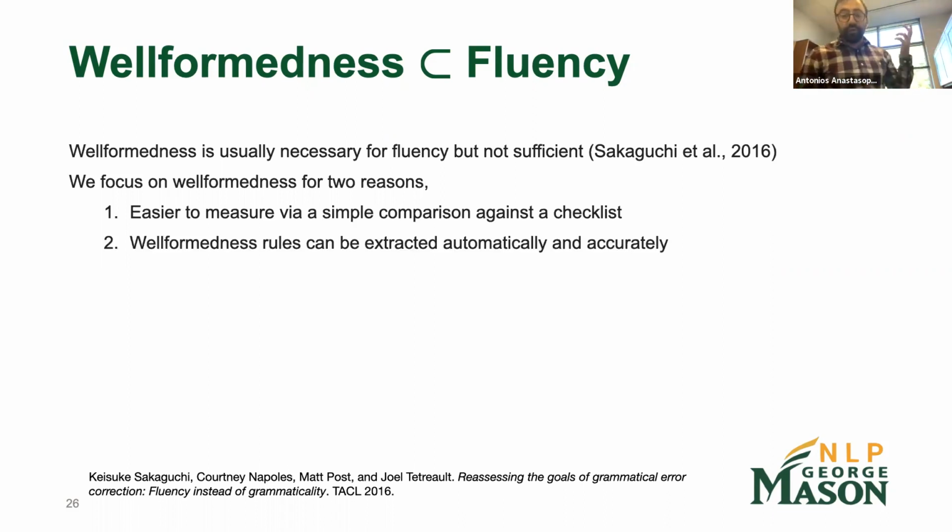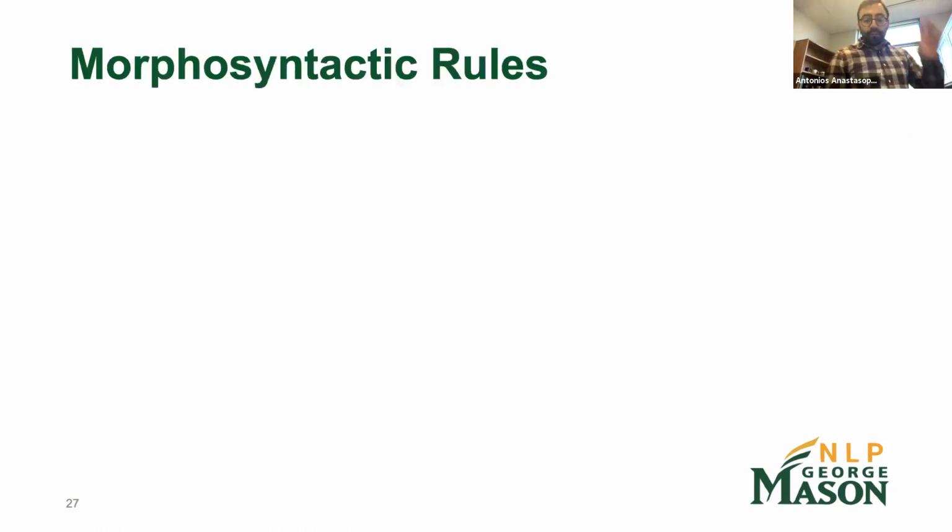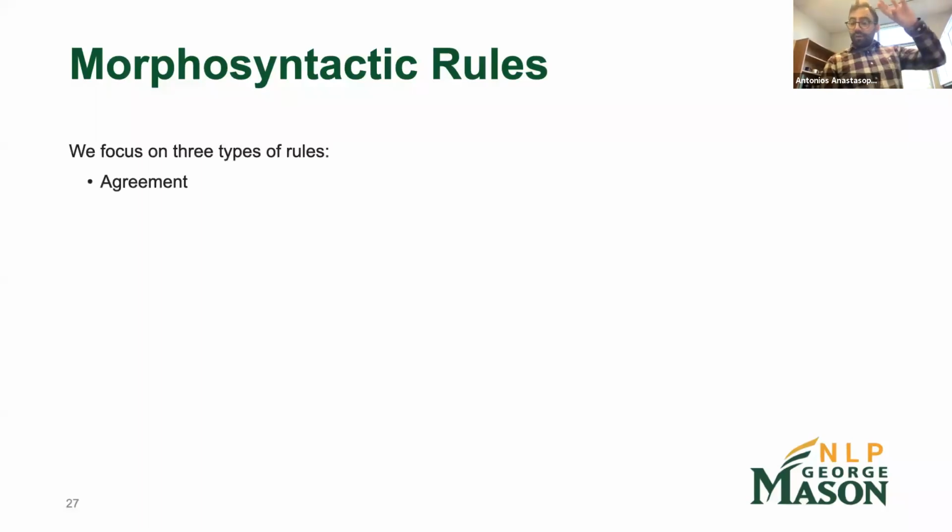And as I showed you before, such rules can be extracted automatically and fairly accurately. This is rehashing the same thing from before, although we did extend this work, so it doesn't only cover agreement rules, but we also cover case assignment rules.